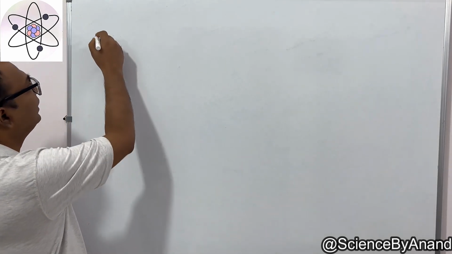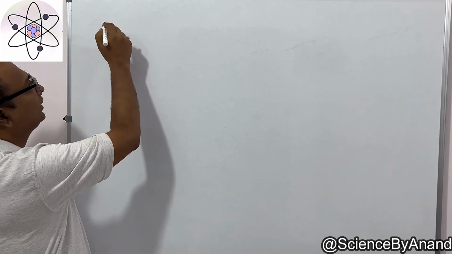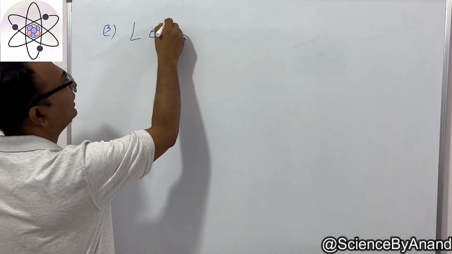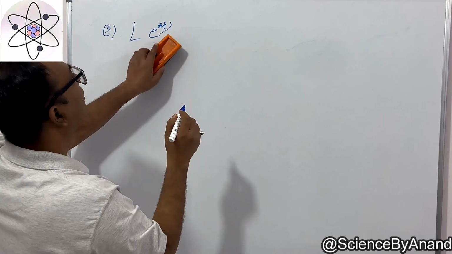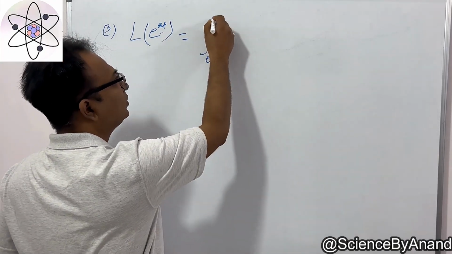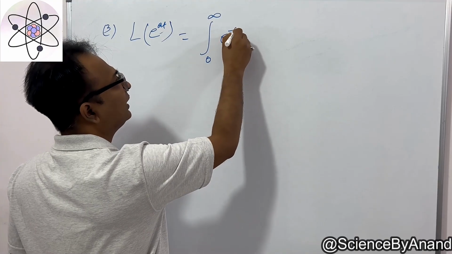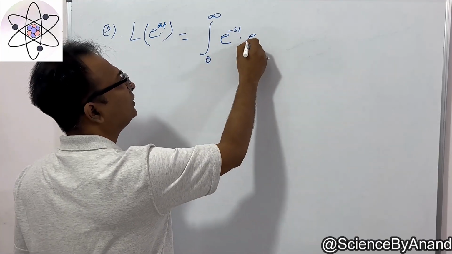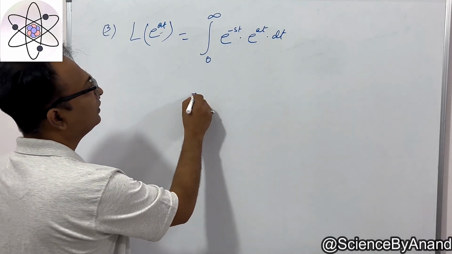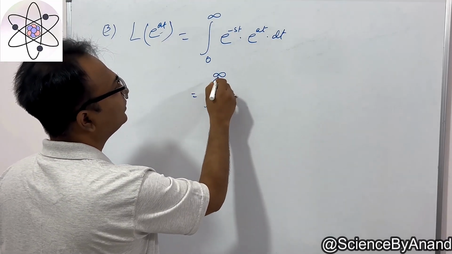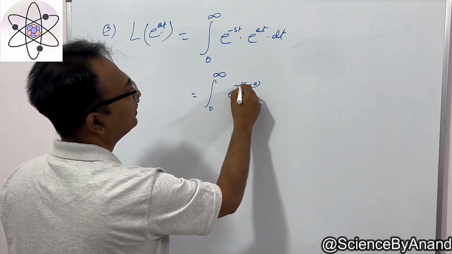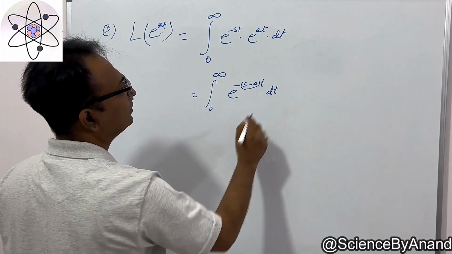Our next Laplace transform is, we had seen 1 and 2, now this is 3. Laplace transform of e to the power at. We will start with the basic definition, 0 to infinity, e to the power minus st into the function of t, that is e to the power at dt. This is 0 to infinity, e to the power minus s minus a t dt.